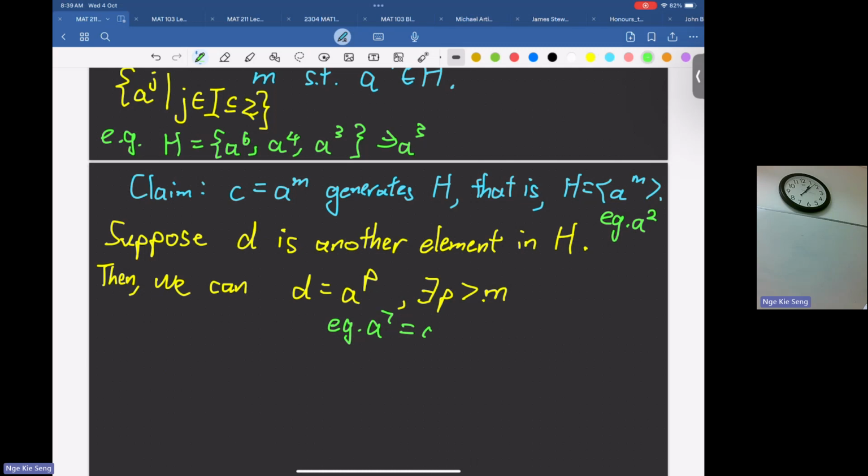A7 equals A2 times A2 times A2 times A. And I already showed you that it's abelian, so I don't care about the order.